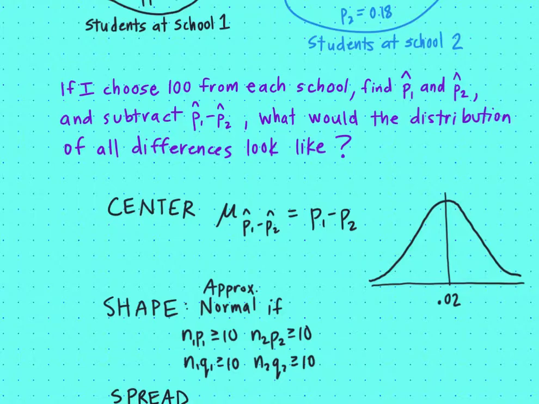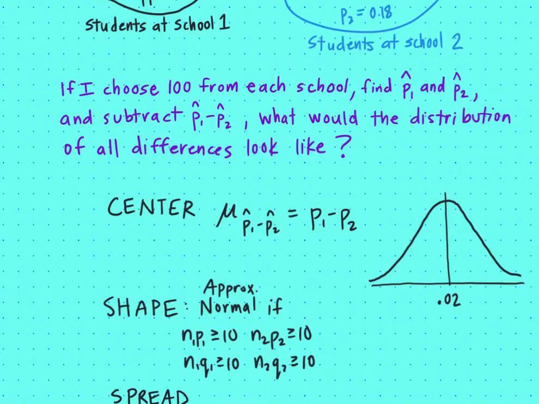And that may seem like a lot, but that's really what we did on the last screen. We have two different proportions, so we have to check for expected successes and failures to be at least 10 in both in order for this to be a big enough sample. So I would expect out of 100 students, 20 and 80 to be my breakdowns of students in and not in an AP class. In the other school, I would expect 18 and 82.